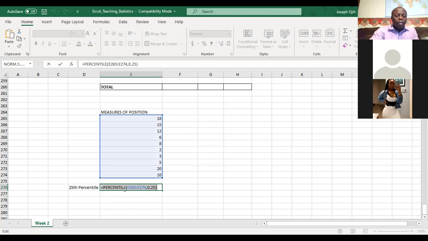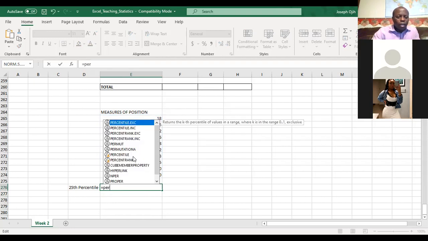Okay, let's see. PERCENTILE.EXC returns the kth percentile values in a range where k is the range 0, 1, all the way to. Maybe you give it in multiples of 10s. Let us try the 60th percentile and see if it is what it's doing here.